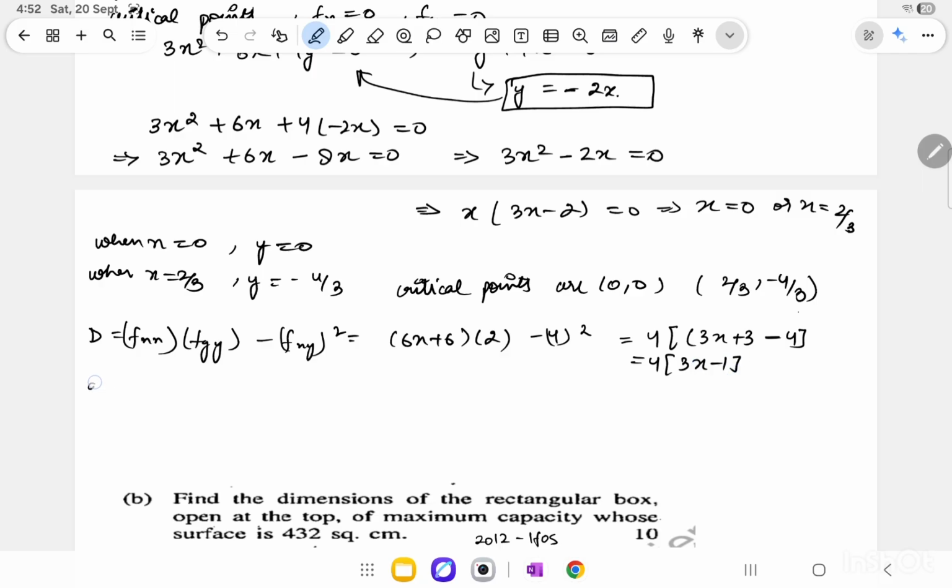So at (0, 0), D will be basically equal to 4 into negative 1, that is less than 0. So at (0, 0) we have a saddle point.